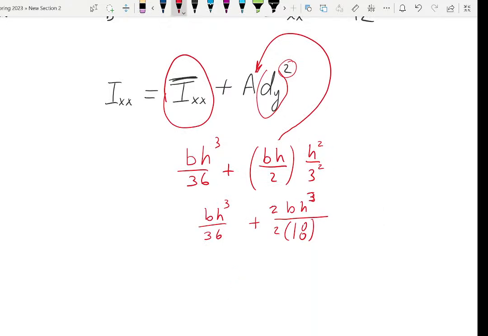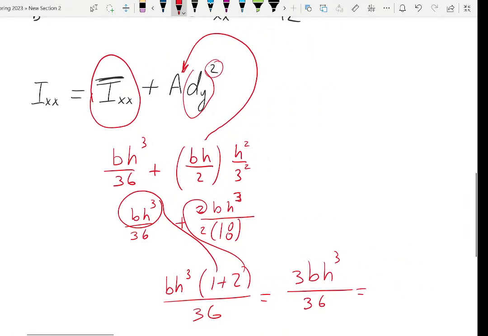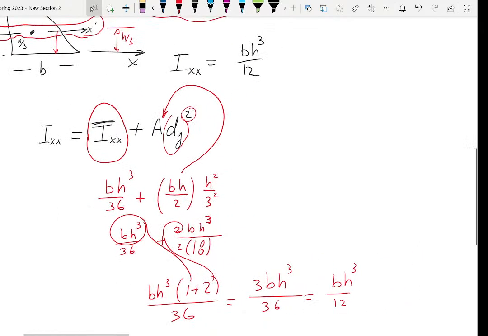So basically, let me do it this way. bh to the third, 1 plus 2. The 1 came from here, the 2 came from here, and this is all over 36, which is nothing more than 3 bh to the third over 36, which is nothing more than bh to the third over 12, which in fact is that.